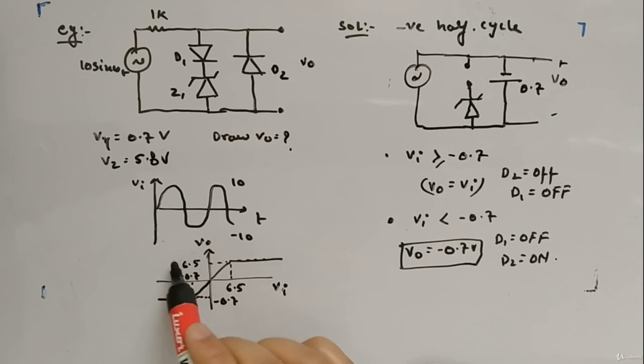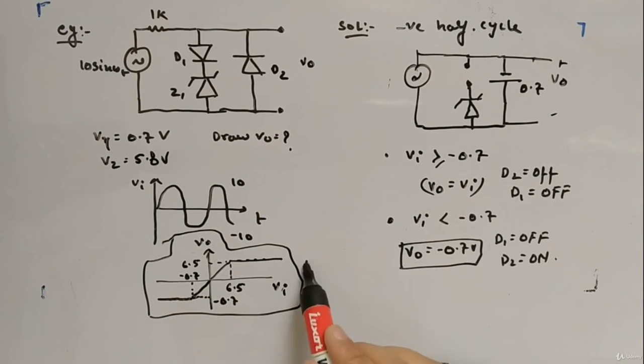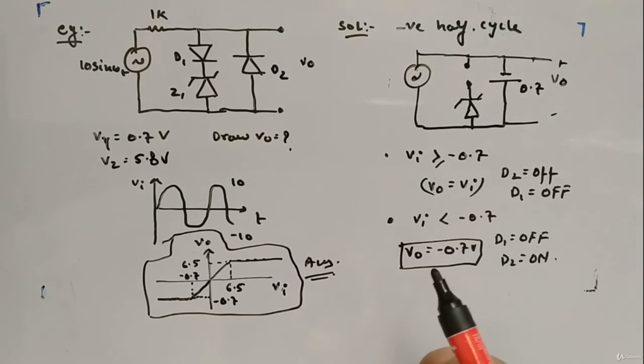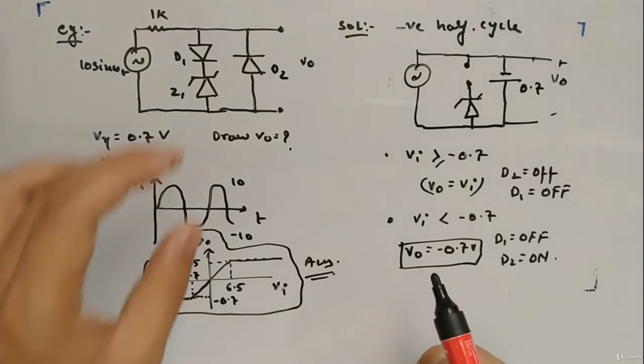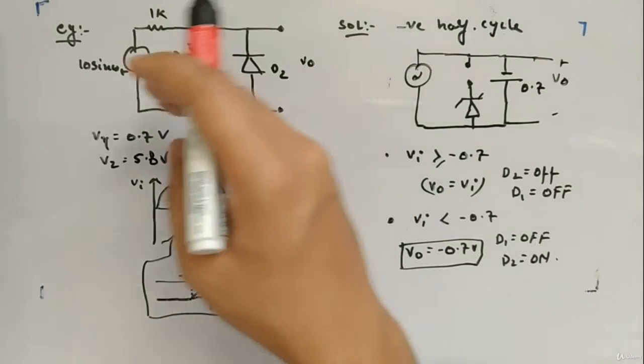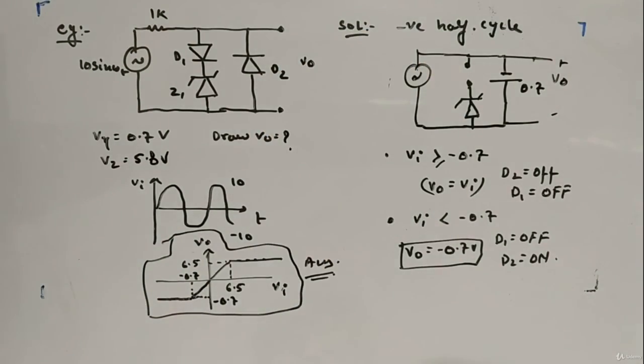This guy is our answer. Okay, so I hope you are able to see how I did the analysis of the circuit. So this part was important: if Vi is greater than the total voltage, then and only then this branch will be working, else it will be open all the time. Okay.